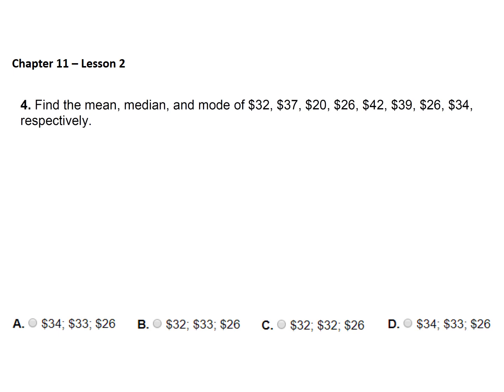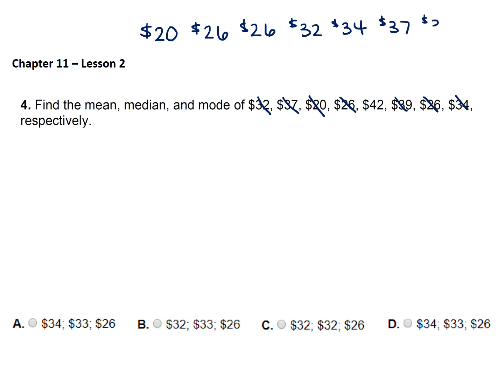So I'm going to put $20, and then we have two 26s, and then I have a 32 and a 34. Then I have a 37 and a 39. And then a 42.